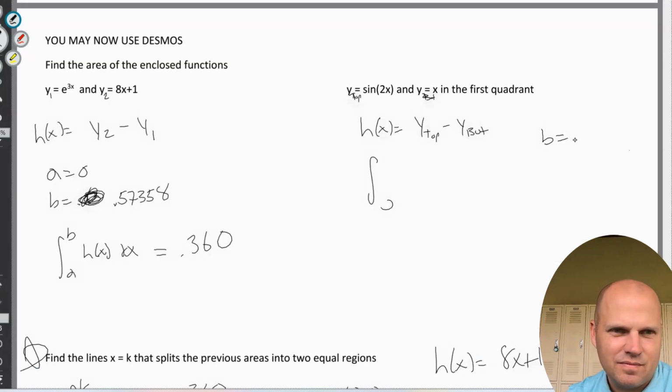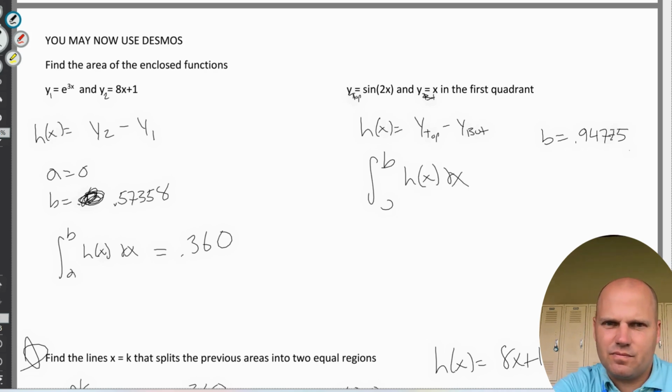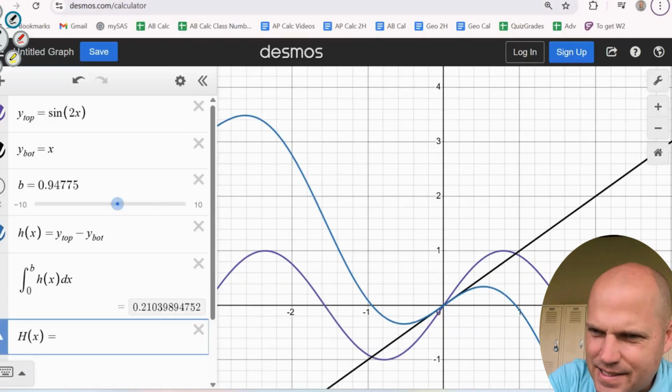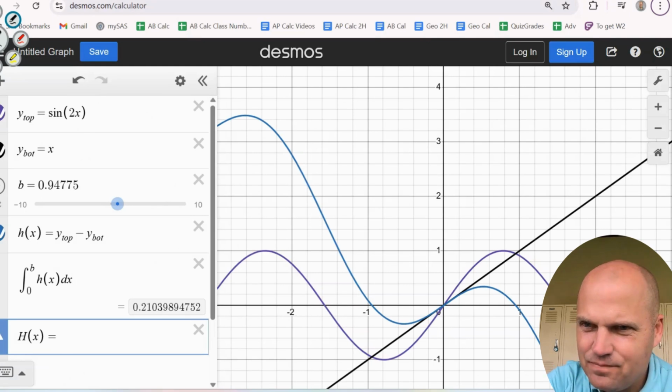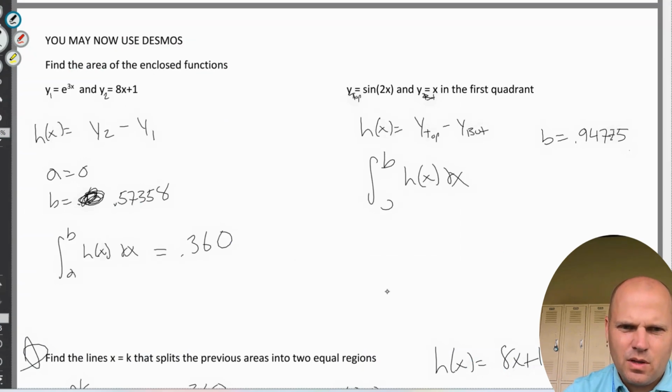0.94775. Heights times widths. Heights. There you go. Sine of 2x minus x. Cool.